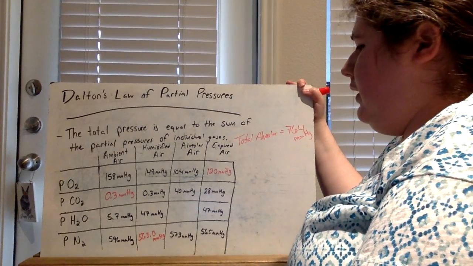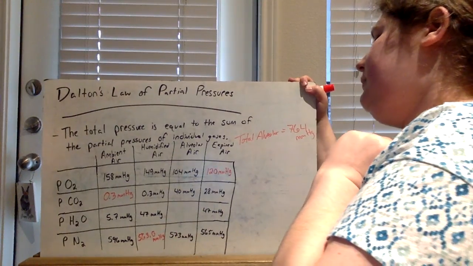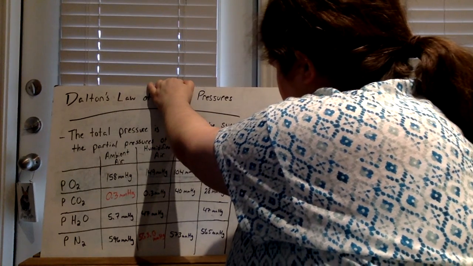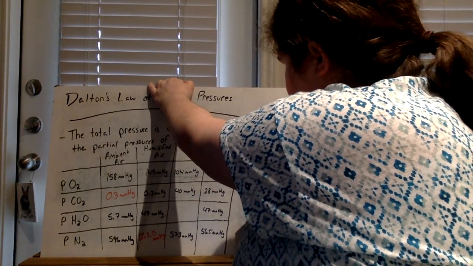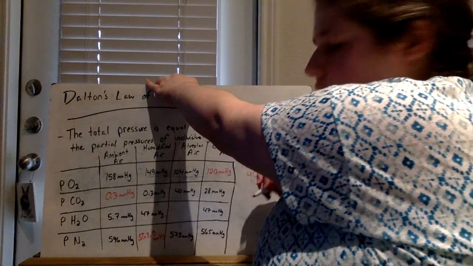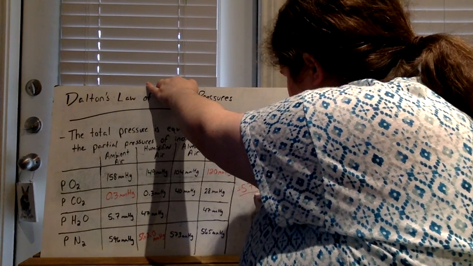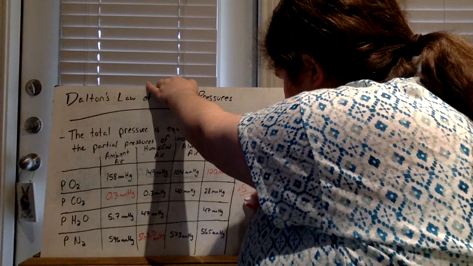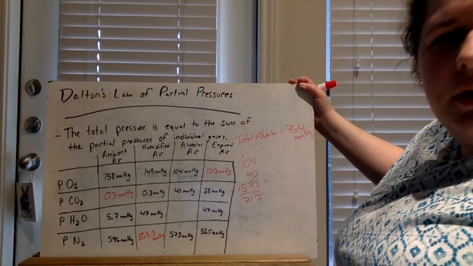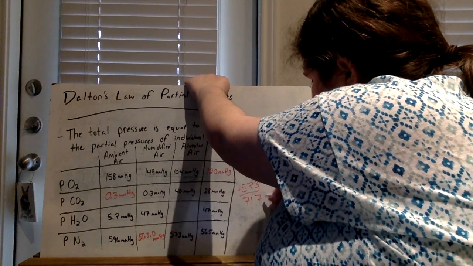So let's find our last missing piece, which is the partial pressure of water. So let's add up what we know. 104 plus 40 plus 573. Okay. So my total, not including water, is 717 millimeters mercury.